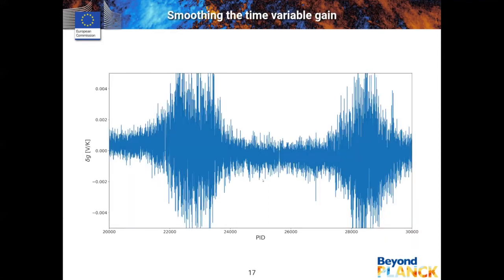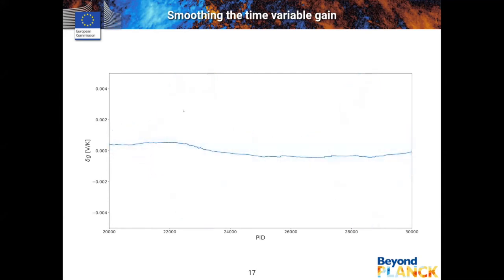Yeah. The next thing we've been working with has to do with how we smooth the gain. I said that we estimate 1 gain factor per PID, but the gain varies much more slowly than that. So in order to get a better signal-to-noise ratio, we smooth it. And back in November, what we did was smooth it with a boxcar average, just a window going through the whole thing.